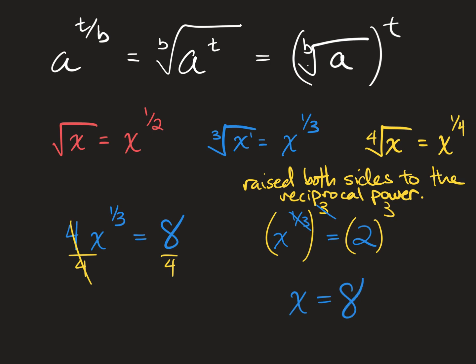And yes, you can put this back over here into the original equation, raise it to the 1/3 power, and then multiply by 4, and it will give you 8. But I just wanted to point out that rational exponents are a thing. And we'll move on to the last idea here.